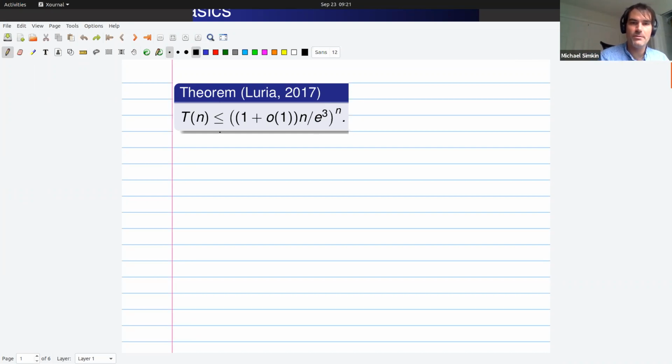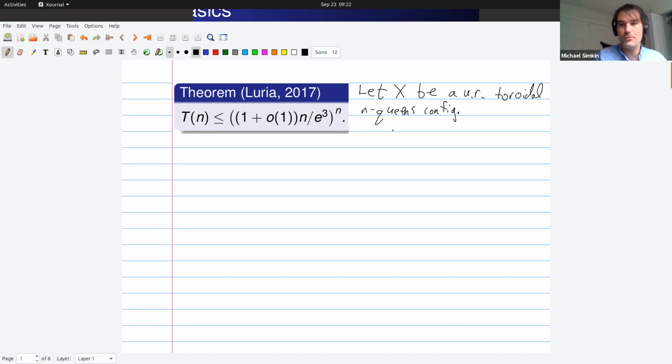We want to prove that the number of toroidal configurations is at most (n/e³)^n. So what we do is let x be a uniformly random toroidal n queens configuration.